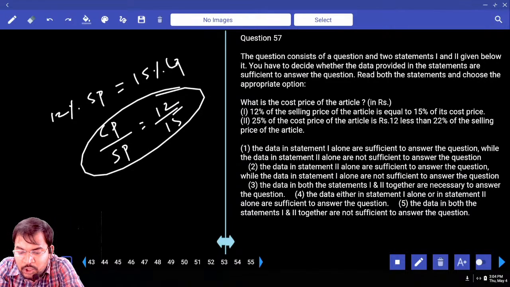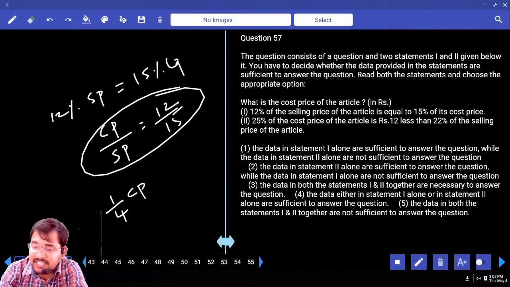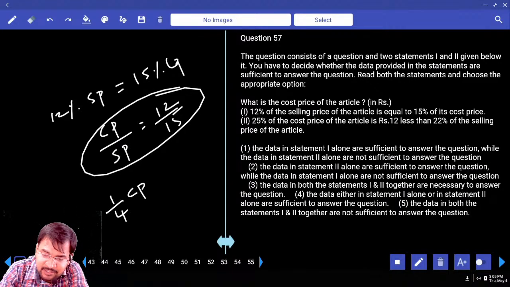See the second statement. 25% of the cost price of the article is 12 less than the 22% of the selling price of the article. Yes, 25% of the cost price, 1 by 4th of CP, is 12 less than the 22% of the selling price.